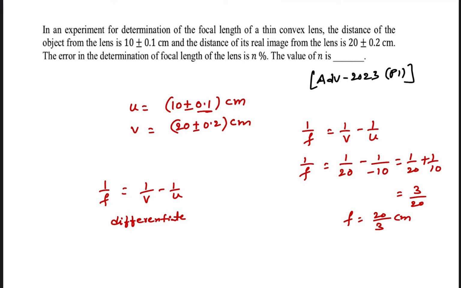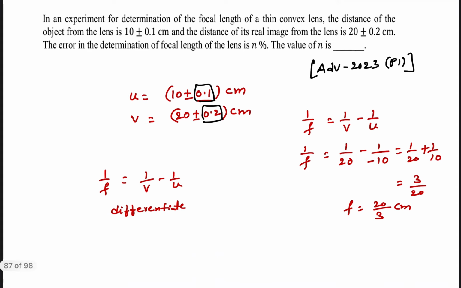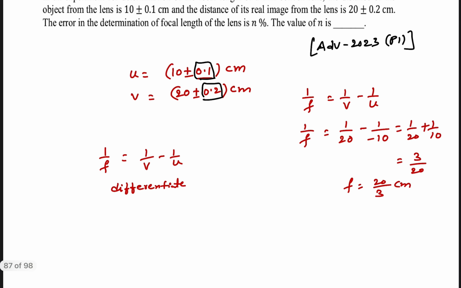This is the f value I calculated. Again we have 1 by f is equal to 1 by v minus 1 by u. Now differentiate this. Why am I differentiating? The 0.1 and 0.2 are 10% error only. 0.1 by 10 into 100 is 10%. So now you can apply differentiation, since small errors are there.